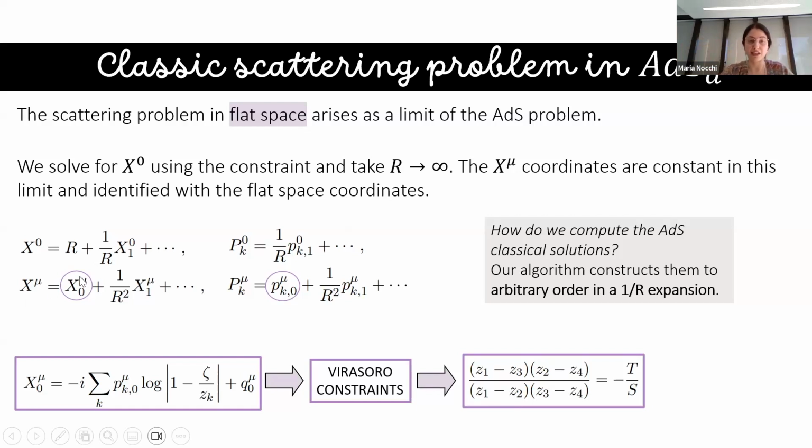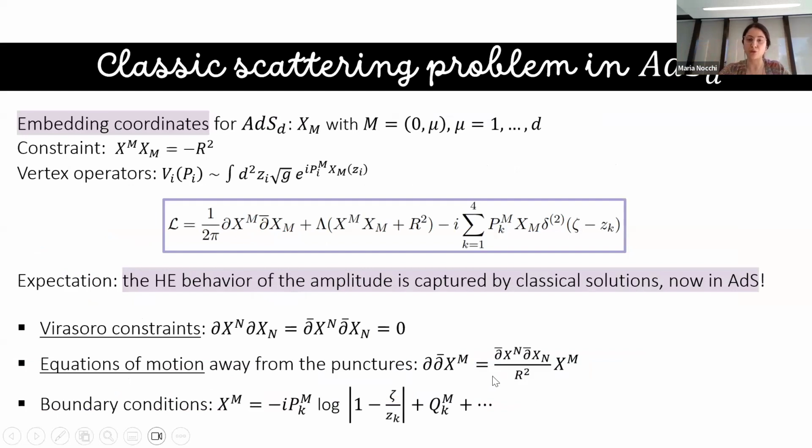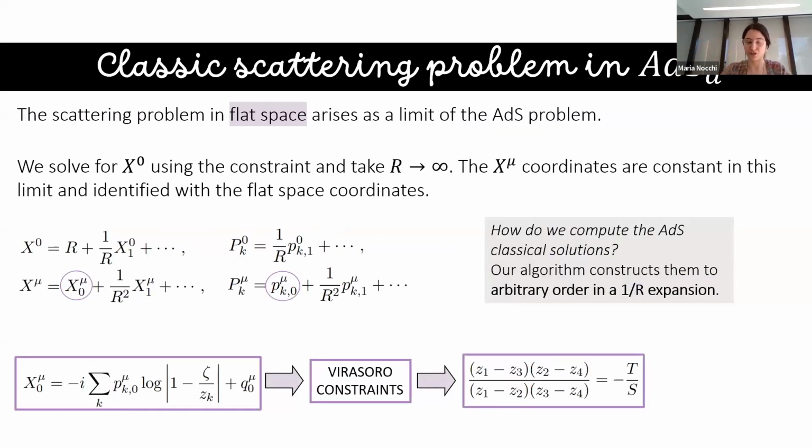The first term is the flat space result, and then you have all the corrections. X0^mu is in this form, which is the Gross-Mende result up to a constant. You plug it in as the seed solution, and then you take this equation of motion and solve it order by order. I will report the first order just to show you how single-valued polylogs emerge, but that's our strategy essentially.